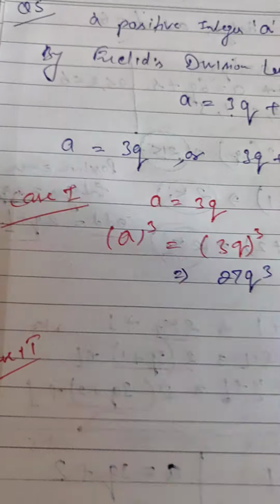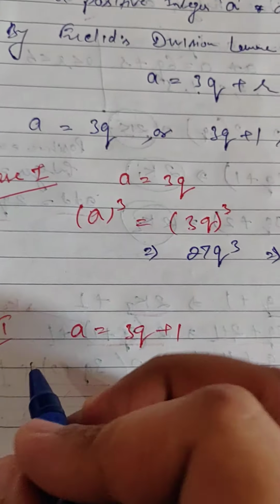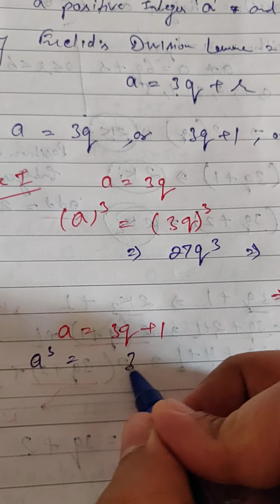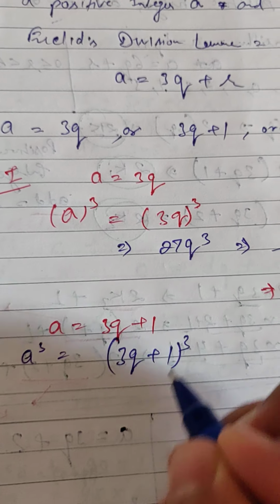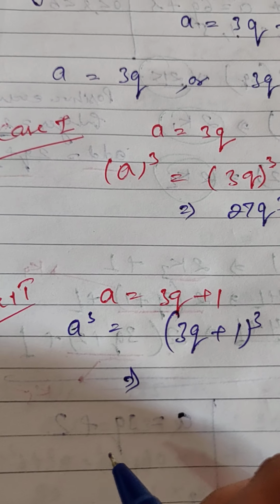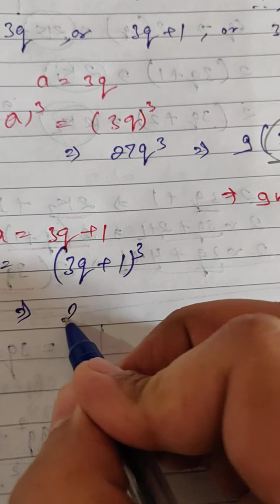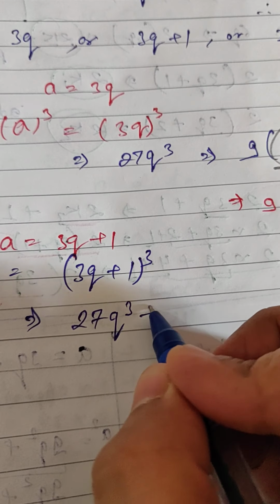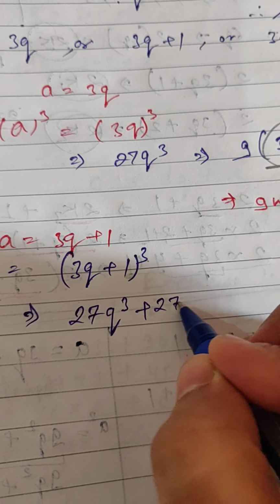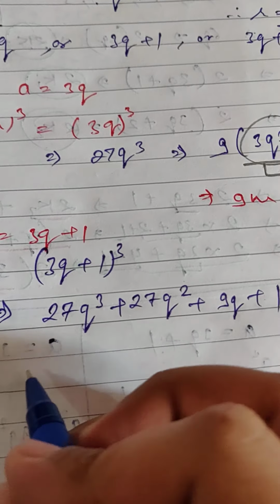Now case 2, the second case we are taking, is 3q plus 1, where a is 3q plus 1. Alright, we need to cube it, a cube. So this will be (3q plus 1) whole cube. Now for this you must be knowing the (a plus b) whole cube expansion of 9th standard. So this will be 27q cube plus 27q square plus 9q plus 1.